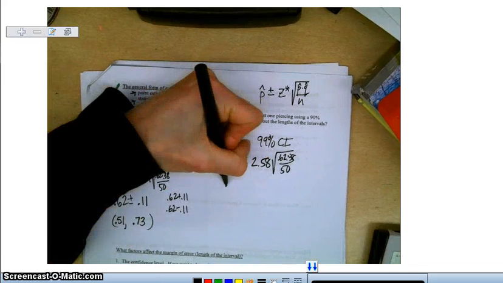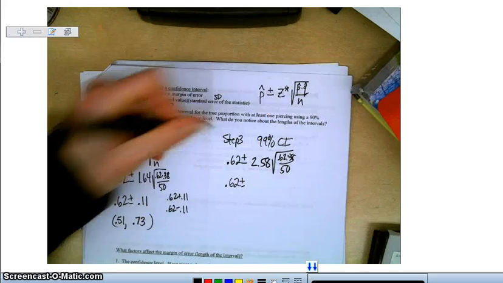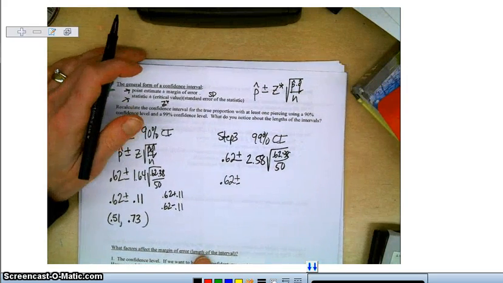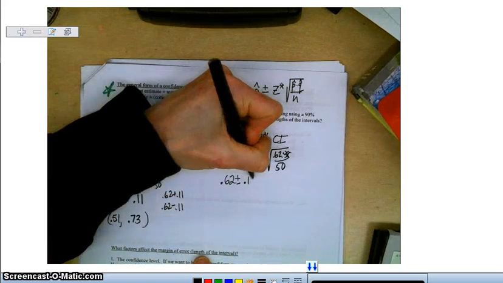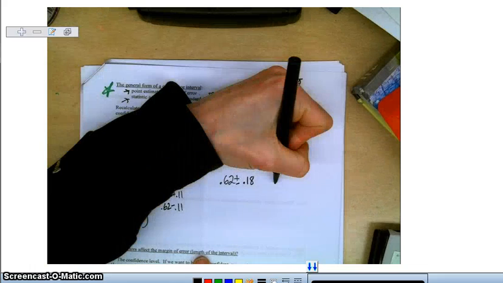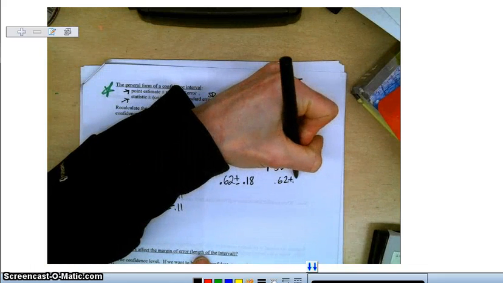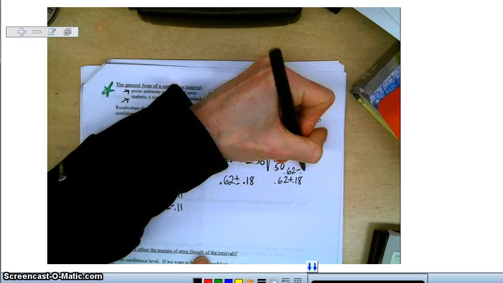And what do you get now? What percent are you allowed to add and subtract now? 0.18. So 0.62 plus 0.18 and 0.62 minus 0.18.